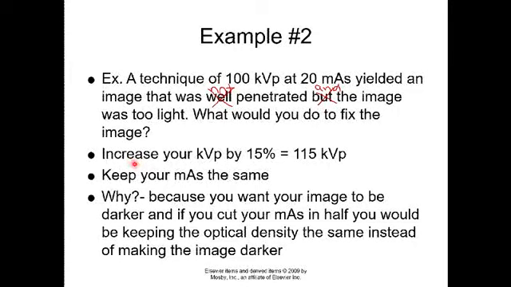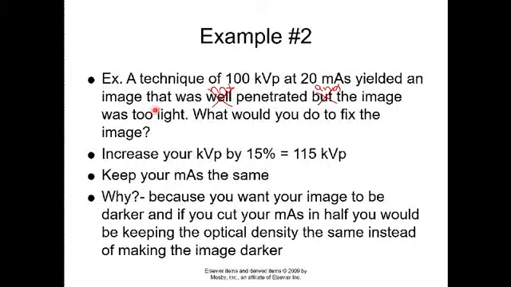What you would have to do with this particular equation is increase your kVp by 15% because it was not well penetrated, and you would keep your mAs the same. Because when you increase your kVp by 15%, it's equivalent to doubling your mAs, you have to keep your original mAs in order to darken your image.